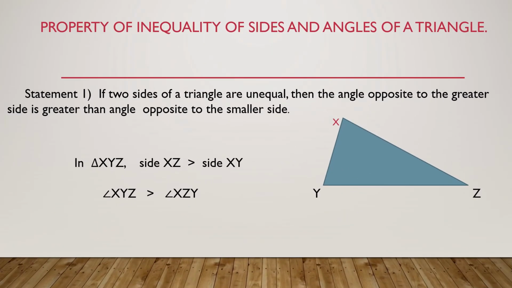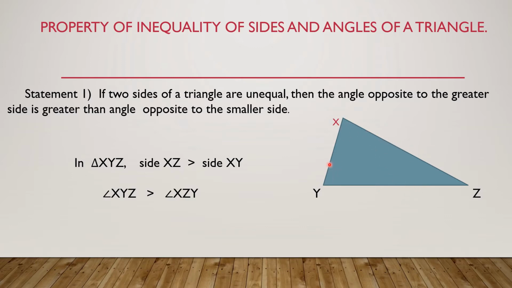Property of inequality of sides and angles of a triangle. Statement: if two sides of a triangle are unequal, then the angle opposite to the greater side is greater than the angle opposite to the smaller side. In this figure, triangle XYZ, side XZ is greater than side XY.